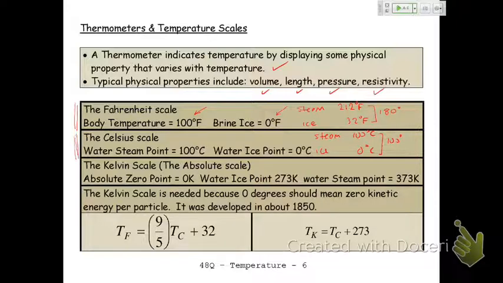Because if I take 10 degrees C and I double it to 20, I have not doubled my average energy per particle. I might have doubled the number, but I've not doubled my average energy per particle. So I've not doubled my amount. I've doubled the number, but not the amount.